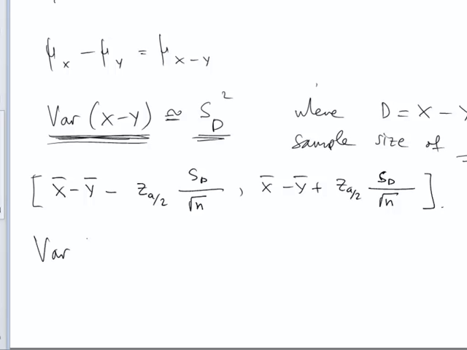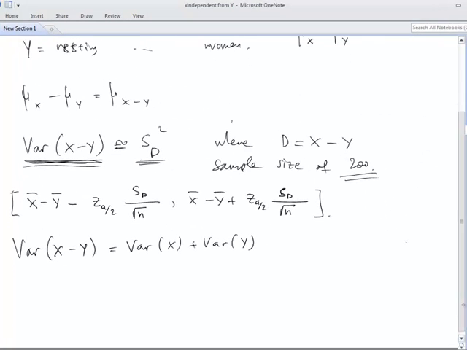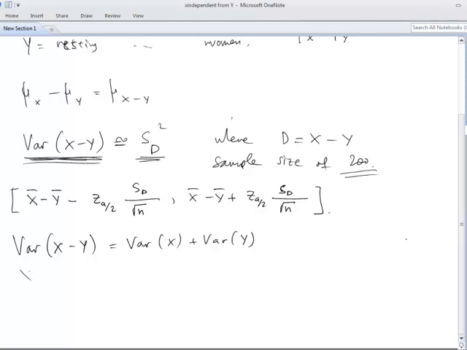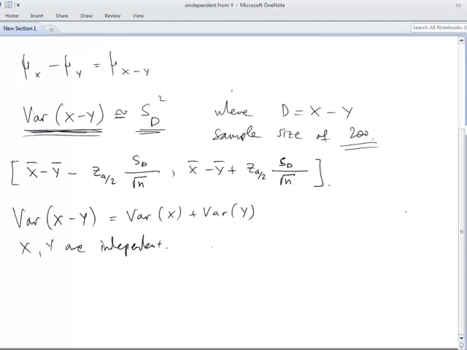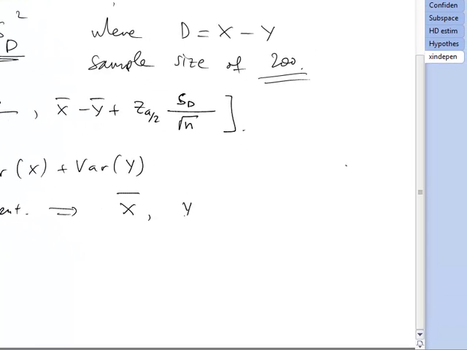But the variance of X minus Y is the variance of X plus the variance of Y. Since X and Y are independent, the measurements that come from them, and hence the sample averages, are also independent random variables. Whatever statistics you produce from independent random variables are themselves independent.